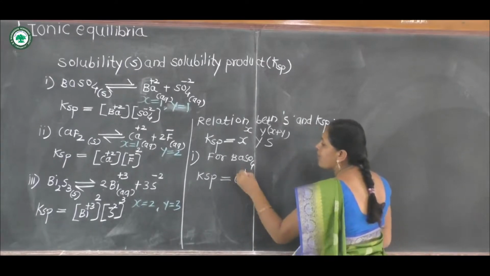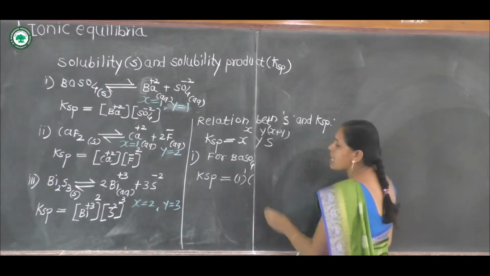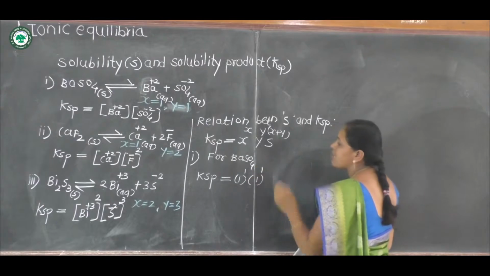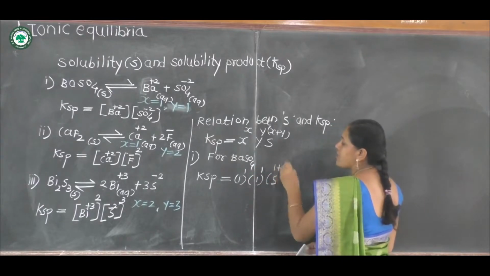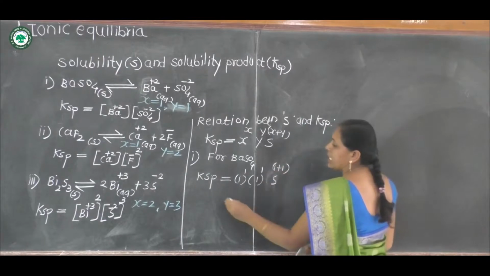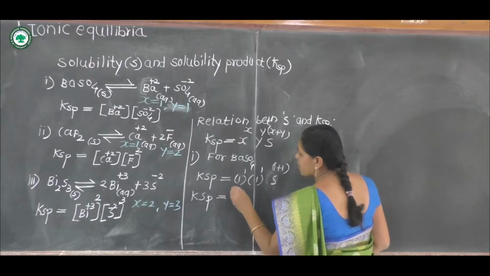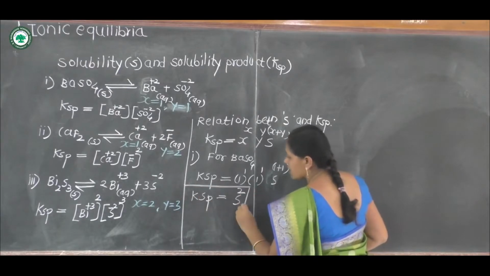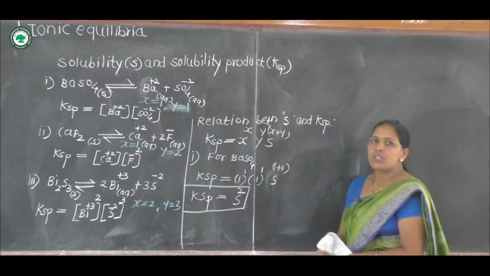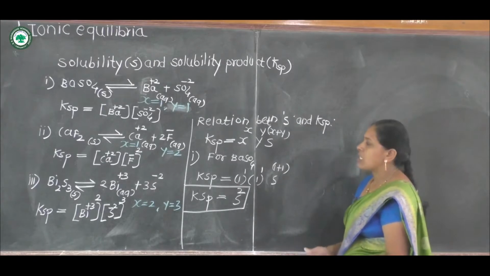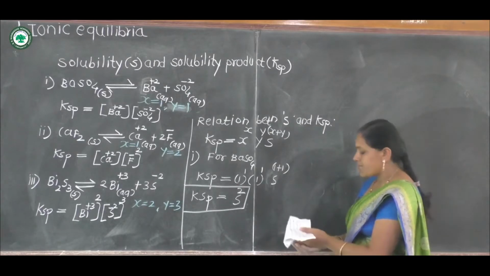Therefore 1 raised to 1. What is the value of y? Also 1. Again 1 raised to 1. And S raised to x plus y, that is 1 plus 1. Then KSP is equal to S raised to 2. This is the relation between solubility product and solubility for barium sulfate.